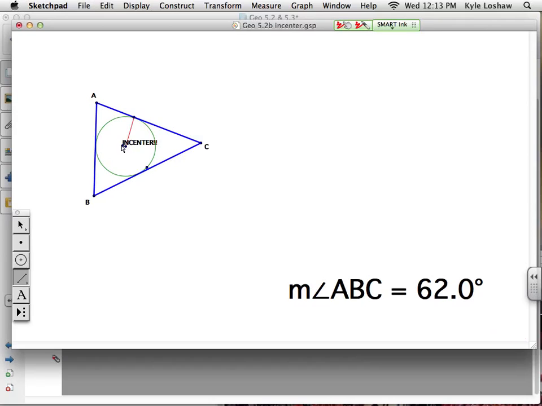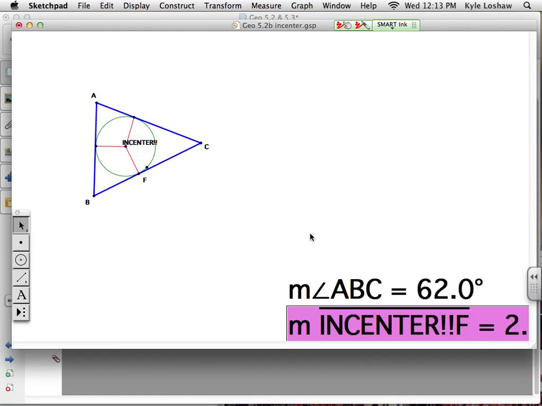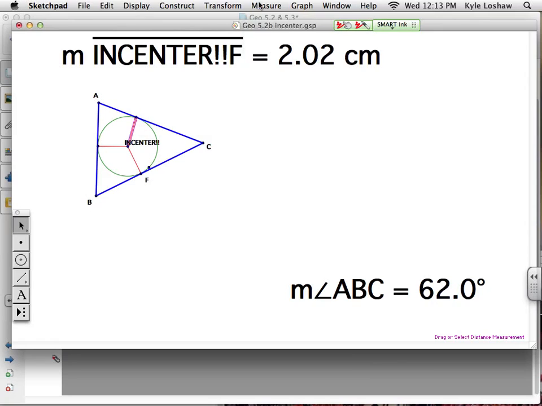And if I construct this radius right here, and this radius, let's say it's right there, not quite close. We're going to get more into this particular concept, but if I measure this segment, look at that, that's kind of big, sorry about that. And I am going to measure this segment.